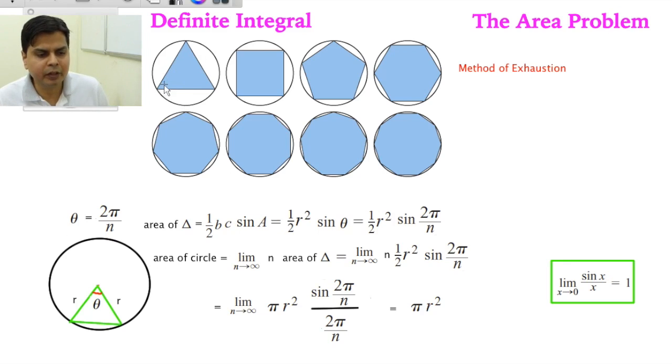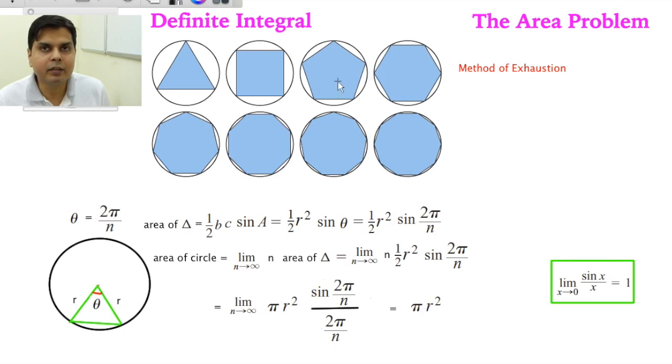Then Archimedes said, instead of a triangle, let's take a square. Then he found that his answer is much closer to the correct answer. Now if instead of a square you take a pentagon or a hexagon, as you go on increasing the number of sides of this regular polygon, Archimedes found that this error, this white portion which was being left out, is being squeezed.